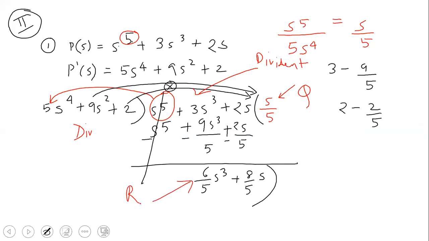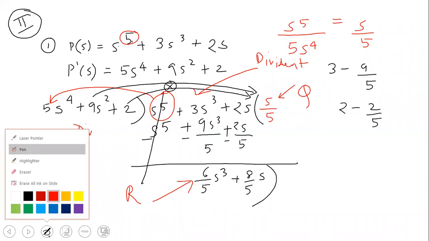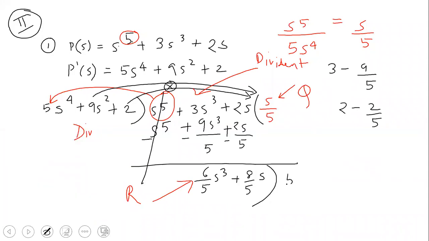So we have the divisor, the dividend, the quotient, and the remainder. तो जो आपका remainder है वो आपका divisor बन जाता है, और जो आपका divisor है वो आपका dividend बन जाता है. So ये अंदर जाएगा 5s raised to 4 plus 9s square plus 2. So it will keep shifting to the right side of your page.